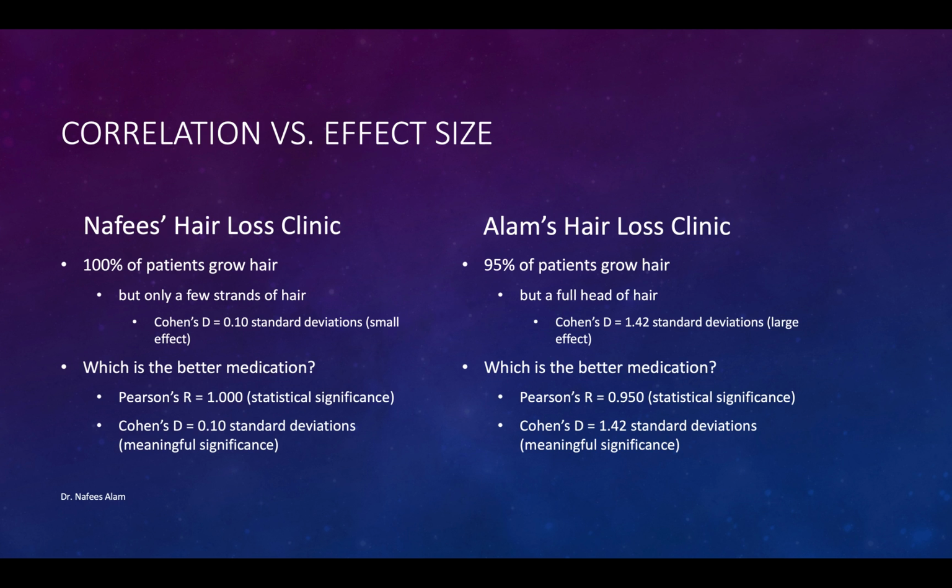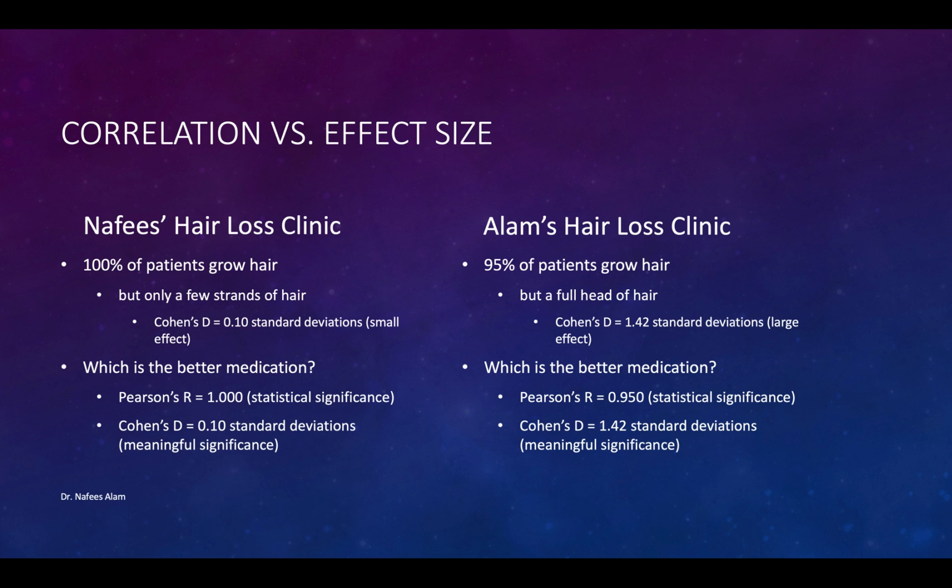So what's the point of having 100% guarantee that you're going to grow hair if the number of hairs you grow are just a few strands? Wouldn't you rather have a 95% guarantee that you'll grow hair, and if you fall into that 95% of patients, then you'll grow a full head of hair? Obviously, the latter is the better example there. That's probably what you'd go with, because there's no point, if you're trying to grow hair, to only grow a few strands.